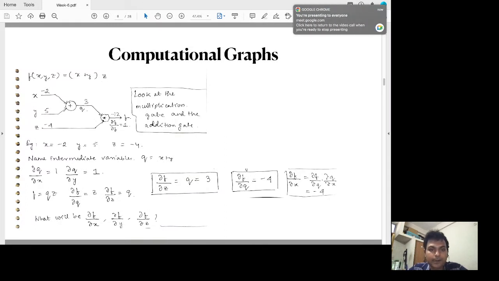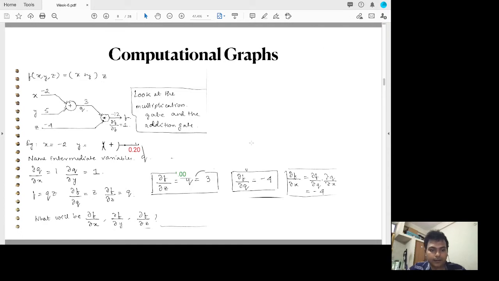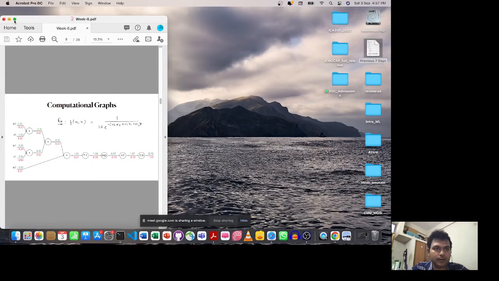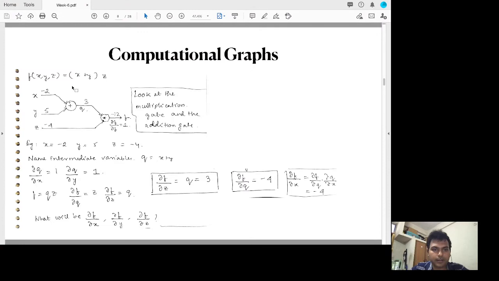Soumya, one last thing. Dou q by dou x you have written as 1. Why have you equated it to 1 here? So q equals x plus y. If you consider y to be constant, then q equals x plus 5 in this case.